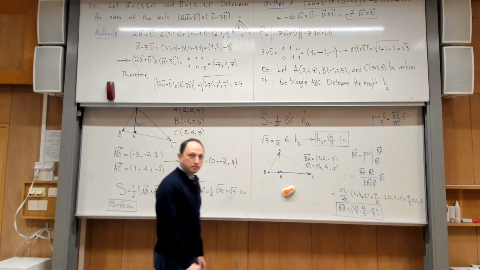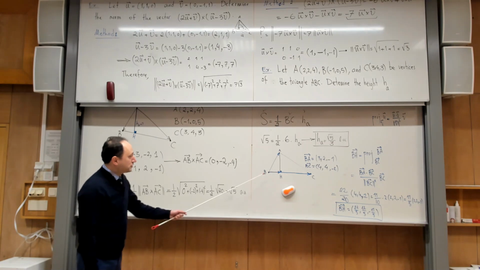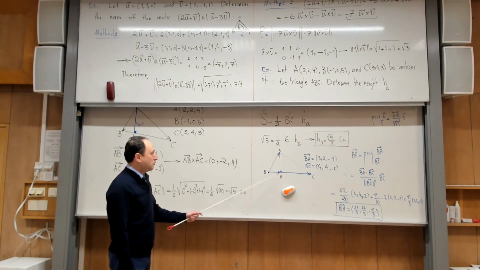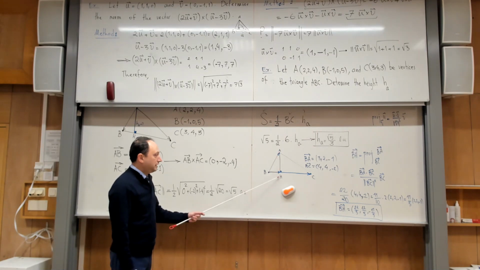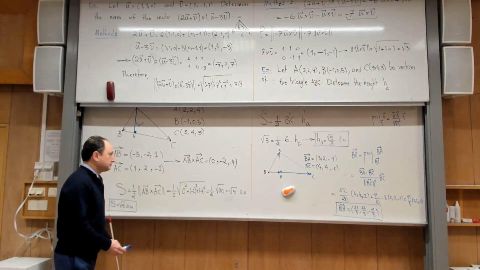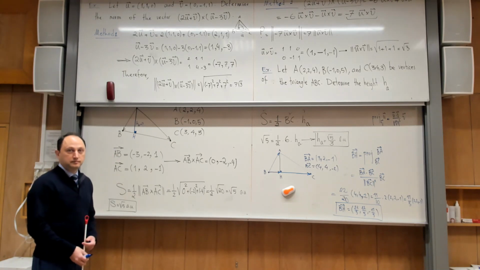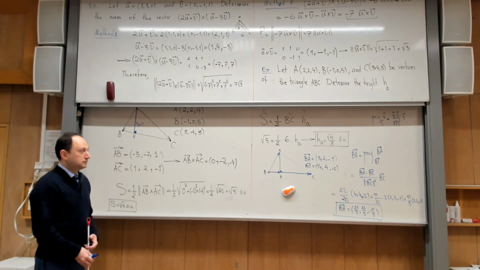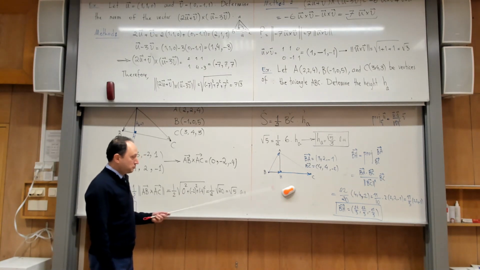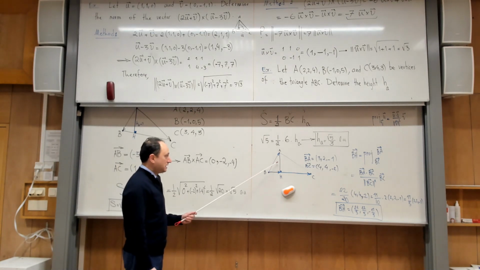Yes? But now tell me, my point was not to find vector BH. My point is to somehow find the length of AH. So how should I do that now? How can I write this vector? You should be very quick in this case.